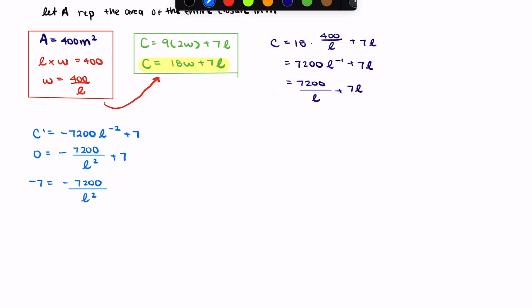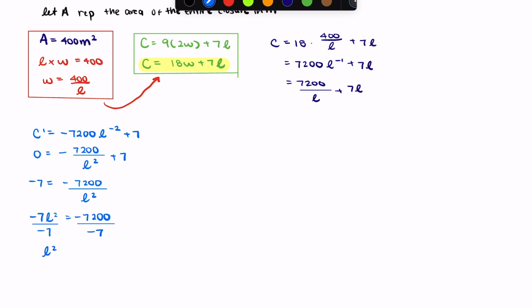We're going to cross multiply first, so move the L squared over. Here we get -7 L squared is equal to negative 7,200, and we're going to divide both sides by -7.